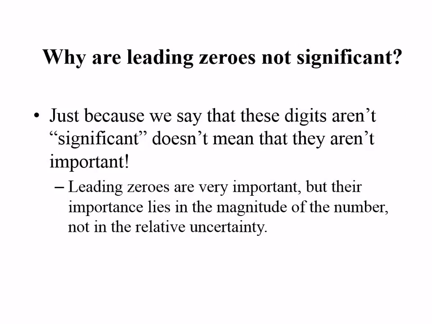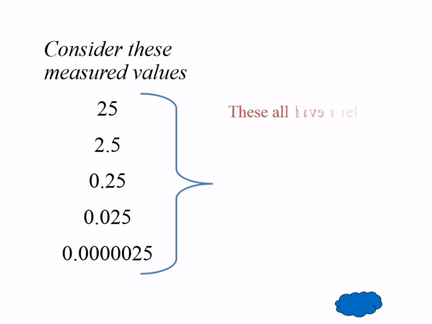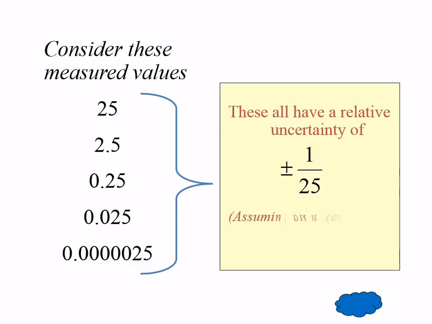Okay, the placeholder zeros only work for very small numbers, like 0.000392. So those placeholder zeros are not significant, and I'll try to show you why. In all of these values, 25, 2.5, 0.25, 0.025, 0.5025, hopefully you would tell me there's two significant figures in all of those.